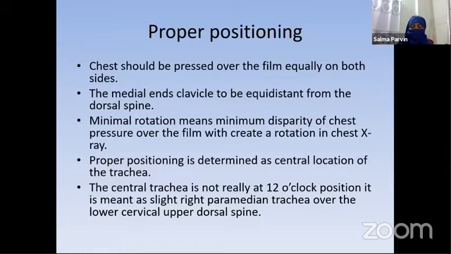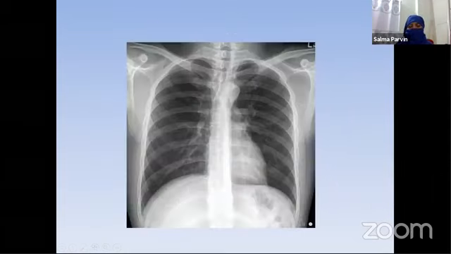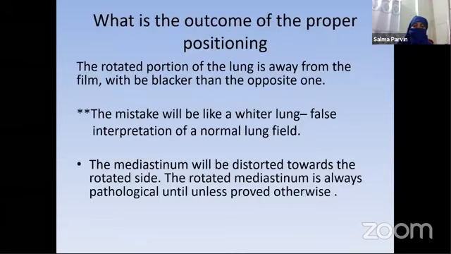And central does not really carry the sense of center. It is just off midline, slightly off midline to the right side. And the equidistant clavicular ends will declare the patient's proper positioning. The mistake will be like a whiter lung.